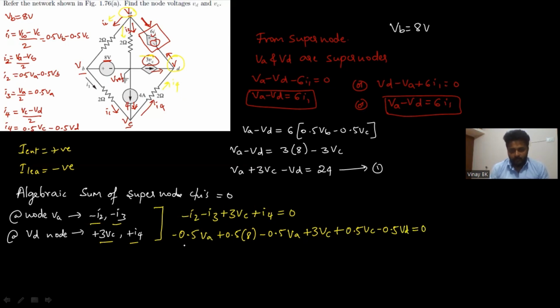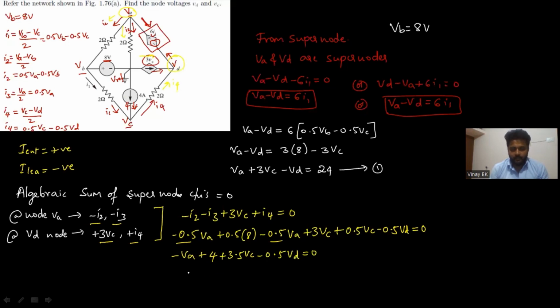So now 0.5 minus 0.5 minus 0.5 is nothing but 1, so that is minus VA. 8 into 0.5 is nothing but 4, plus 4 VC. 3 VC, 0.5 VC is nothing but plus 3.5 VC. Similarly, only one VD is there, minus 0.5 VD equals 0.